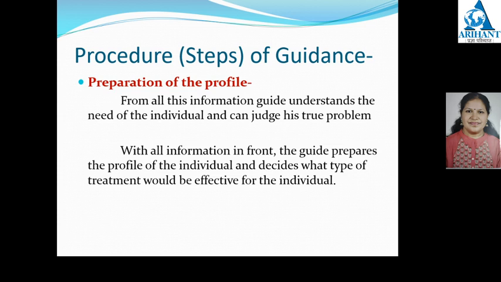If the guide had not collected the whole information, and believed whatever the individual says is the problem, then the guidance process may be different. But after collecting all the information from all the sources, he will be able to understand the exact problem of the individual and what kind of treatment will be effective to assist him to solve his problem.